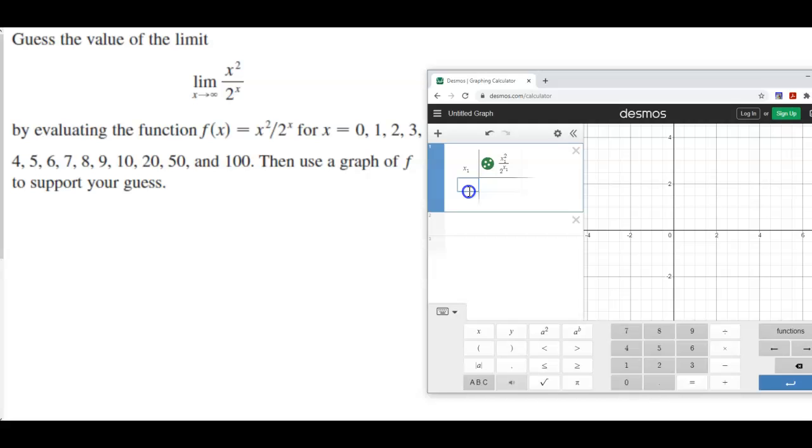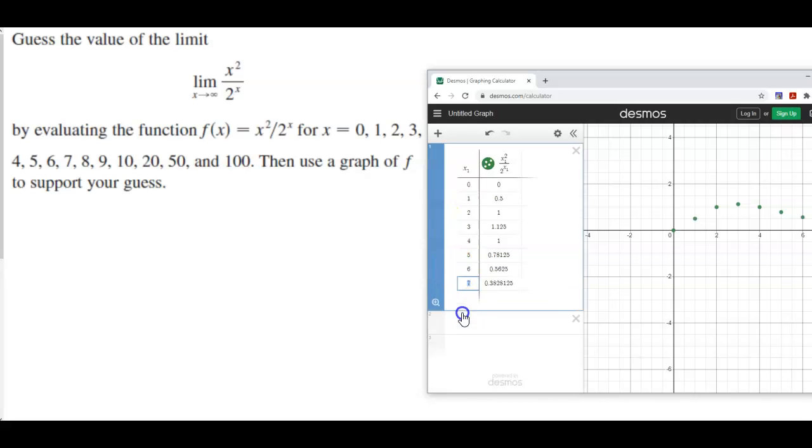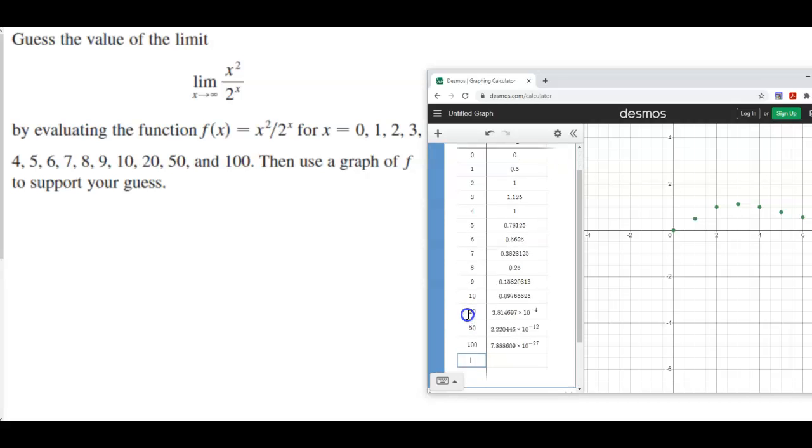Okay, so let's put in a value of 0. We get 0. If we put in 1, we get 0.5, and then 2, 3, 4, 5, 6, 7, 8, 9, 10, 20, 50, and 100.